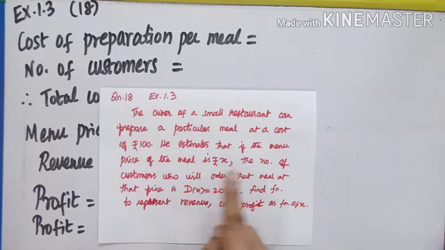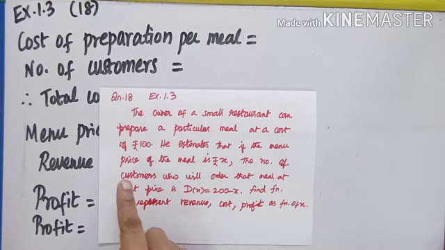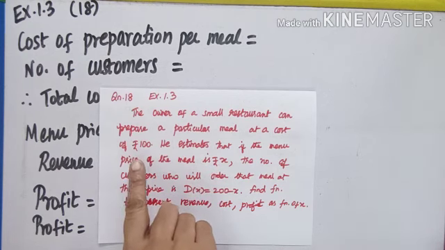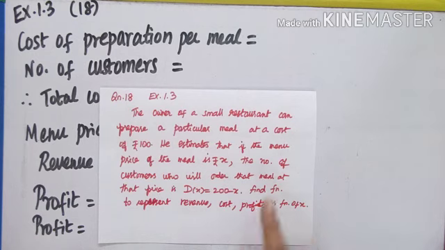He estimates that if the menu price of the meal is X, so he is preparing for 100 and selling for rupees X, the number of customers who will order that meal at that price is D of X equals 200 minus X. So this is demand. D stands for demand. So how many of them demand actually, the quantity? 200 minus X customers are there.